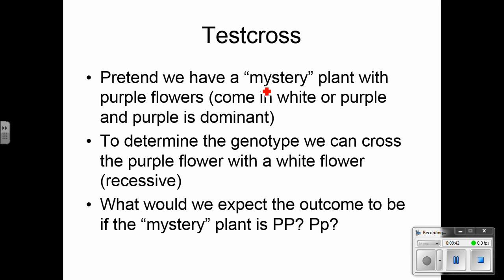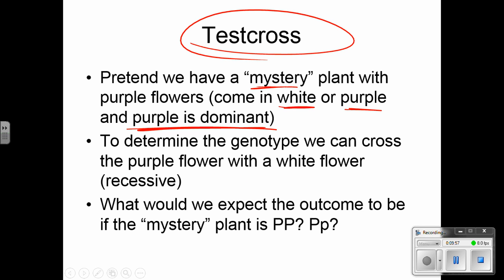Pretend we have a mystery plant with purple flowers. These particular flowers come in either white or purple. And purple, we know, is dominant. To determine the genotype, we can cross the purple flower with a white flower. We call this a test cross to figure out what the genetic makeup of this mystery plant is.